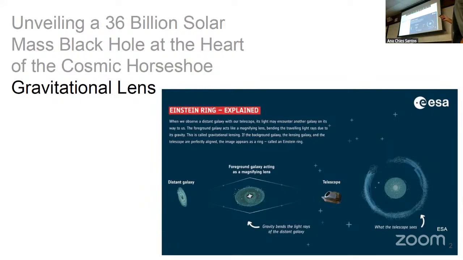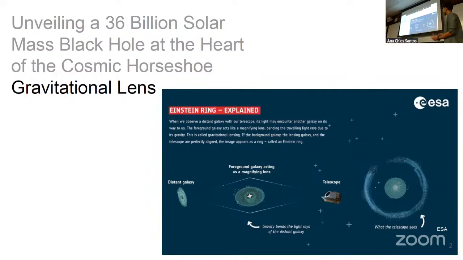So beginning with gravitational lenses, this is a phenomenon predicted by Einstein that happens when we have galaxies behind galaxies, and the foreground galaxy, this one, close to the observer, which is our telescope, is so massive that the gravitational potential of this galaxy will curve the space-time around it.